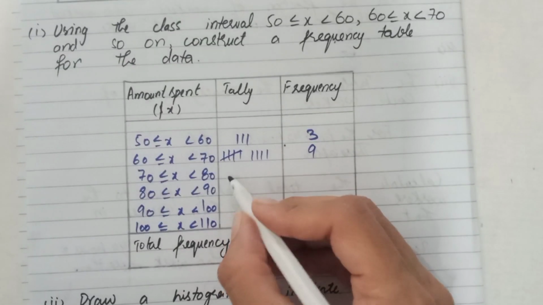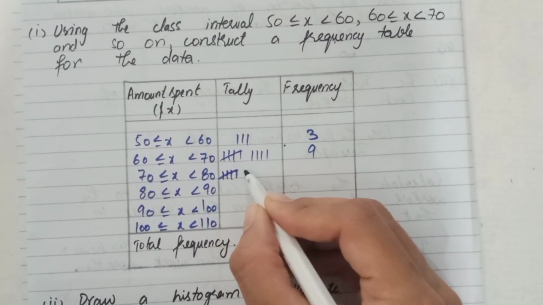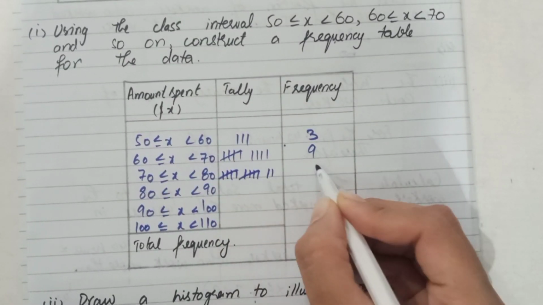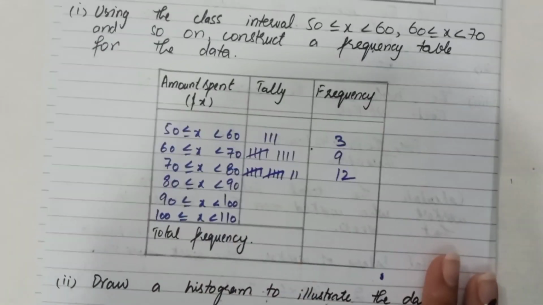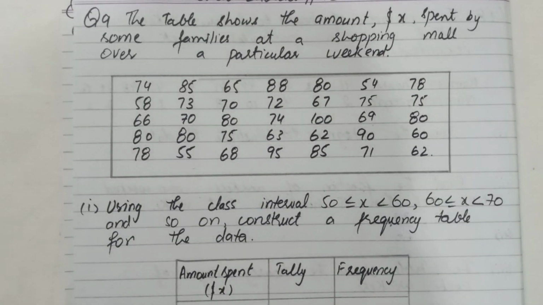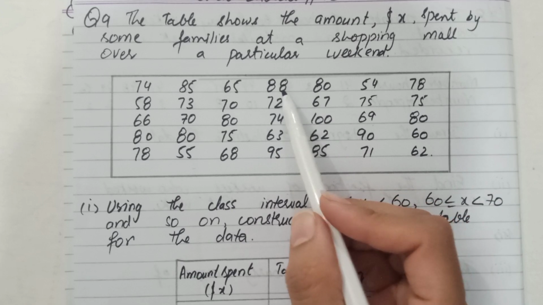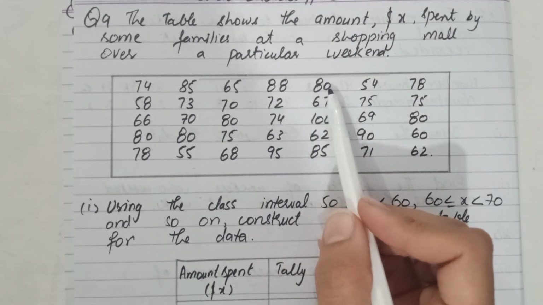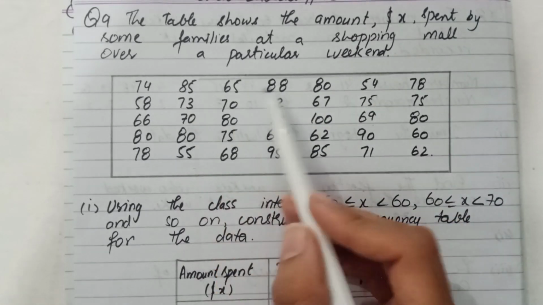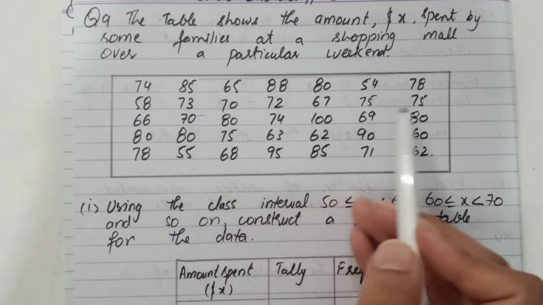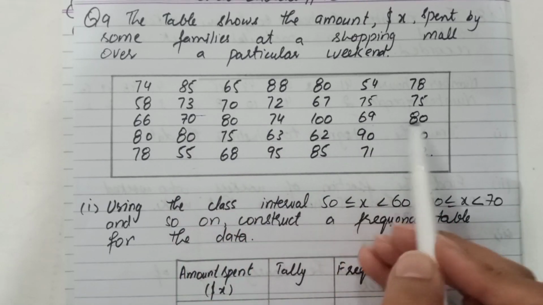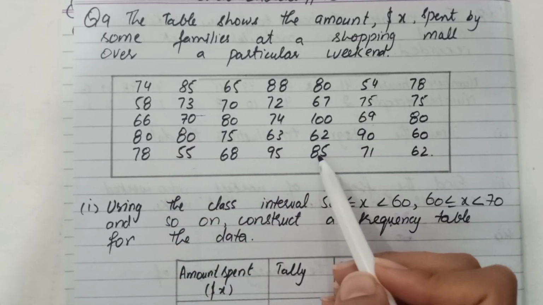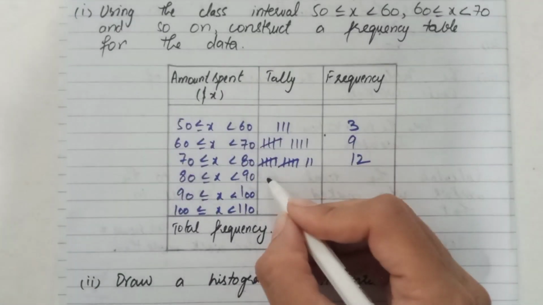These are 12. From 80 to 90, we count 1, 2, 3, 4, 5, 6, 7 and 8. These are 8.